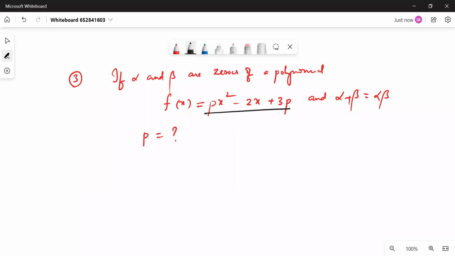First of all, this is in the form of ax square plus bx plus c. A value is p, b value is minus 2, c value is 3p.